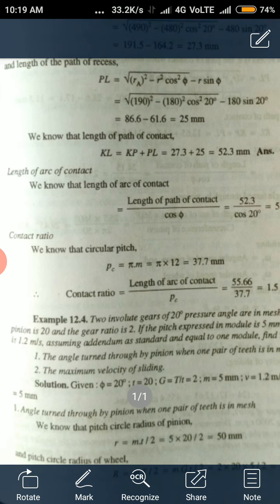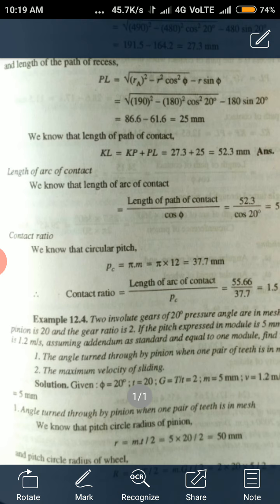So G, the gear ratio, is the speed of the pinion to the speed of the gear, or the number of teeth on the gear to the number of teeth on the pinion, or the diameter of the gear to the diameter of the pinion.